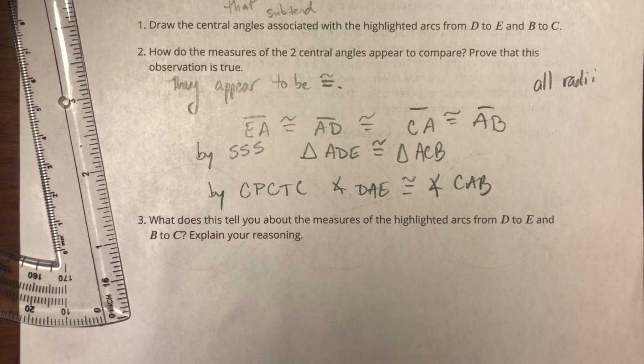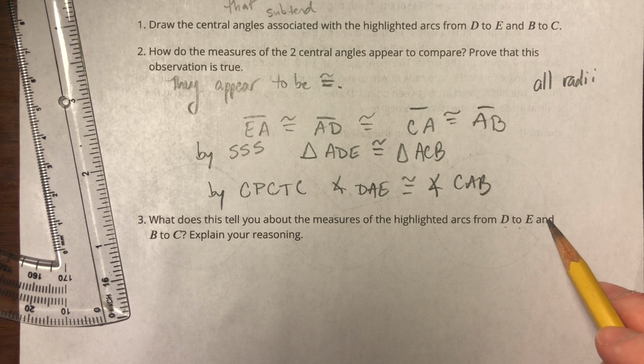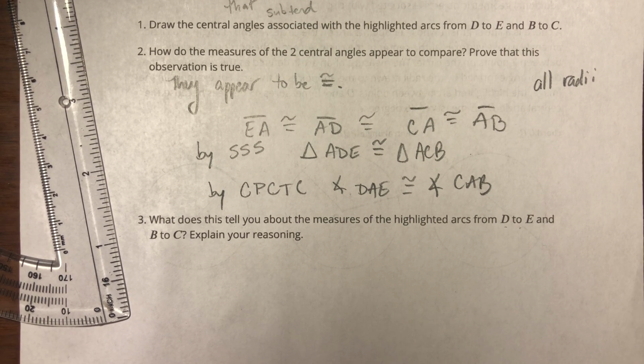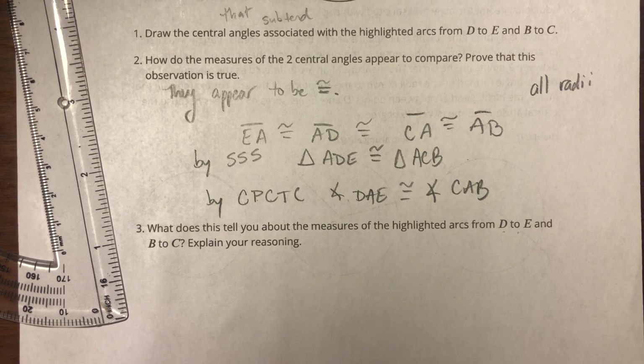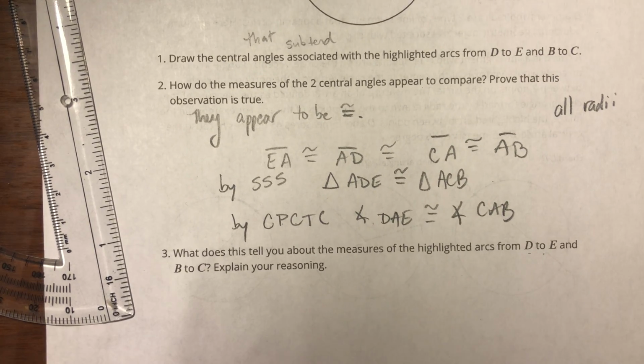3. What does this tell you about the measures of the highlighted arcs from D to E and B to C? Explain your reasoning. I don't know if there's a formal proof applicable here, but here's what I am thinking.